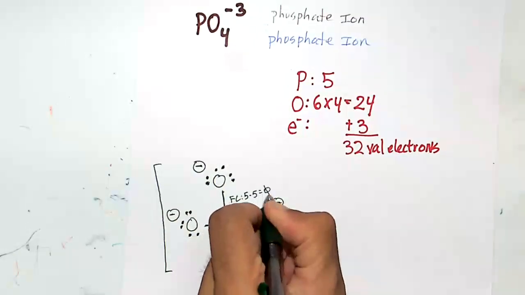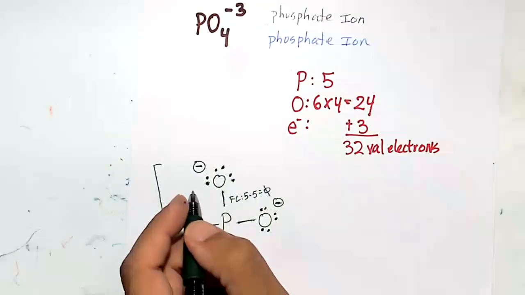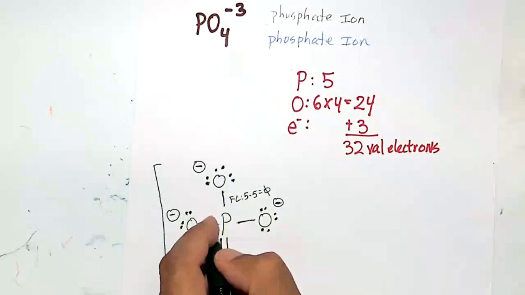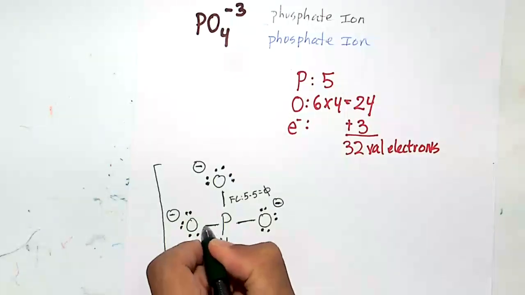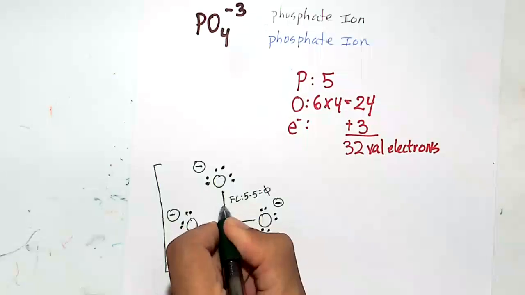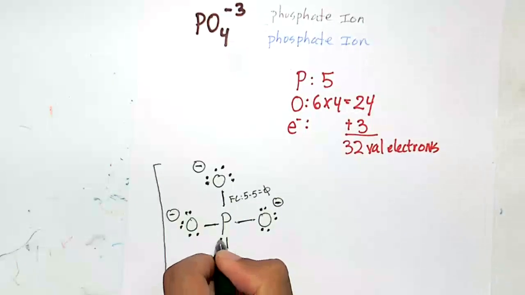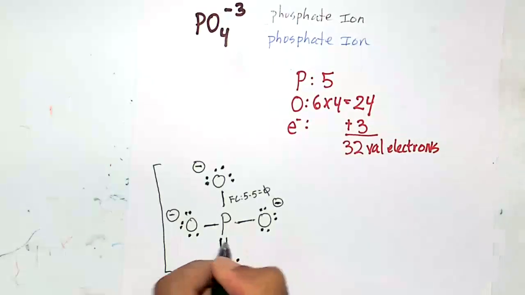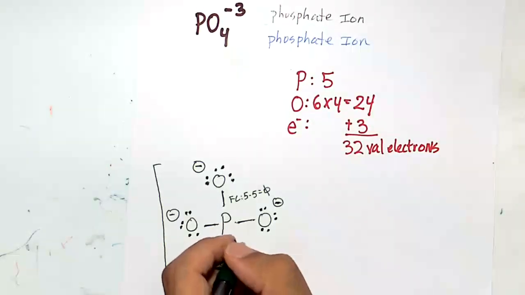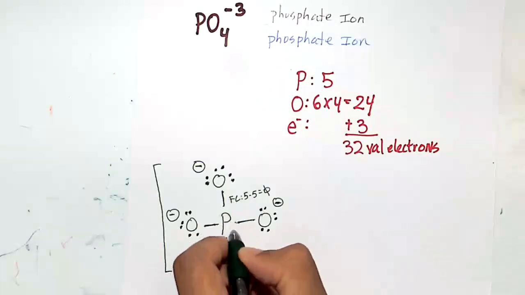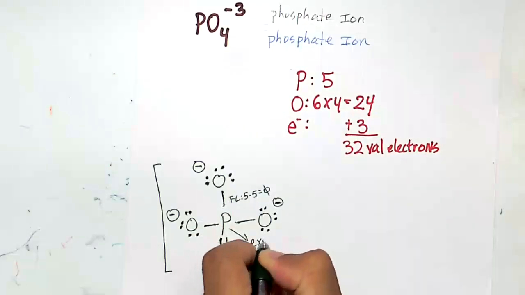What's 5 minus 5? 0. Okay, let's do octet rule. Ready? Count everything. 1, 2, 3, 4, 5, 6, 7, 8, 9, 10. Okay, is that okay? Yeah. It's okay. This is called an expanded octet. Very good.